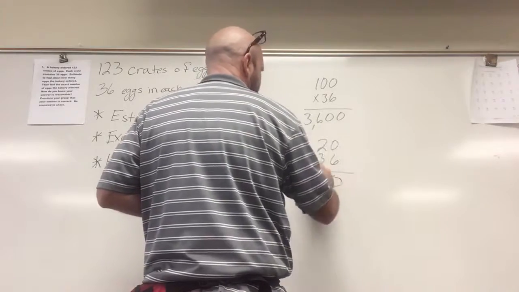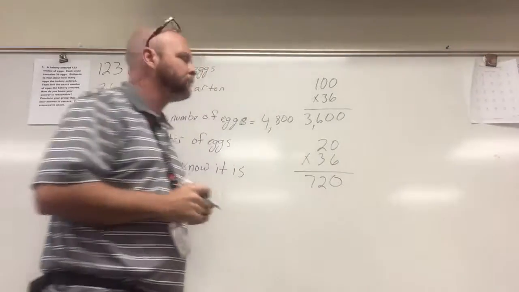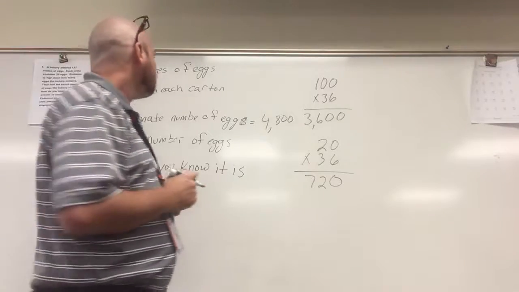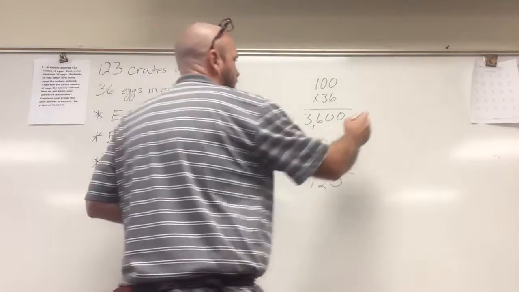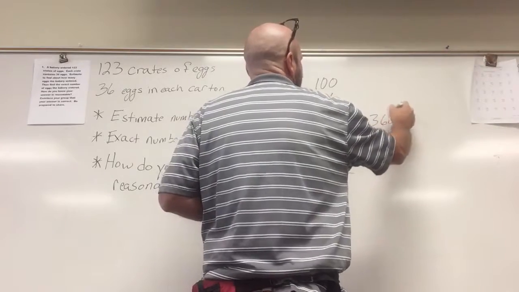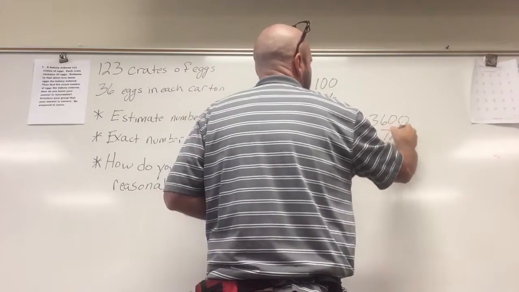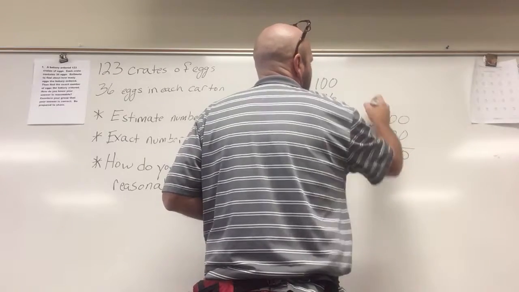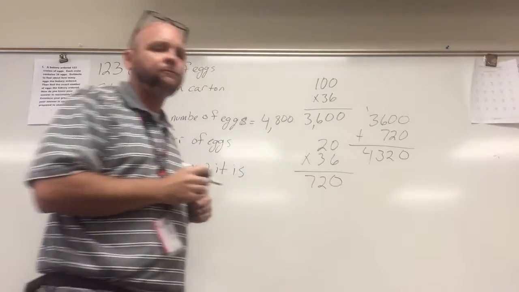Put your 0 down and you get 72, so 720. Then I added that to 3,600. The 3,600 plus 720 is 4,320.